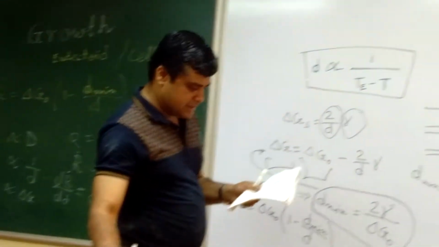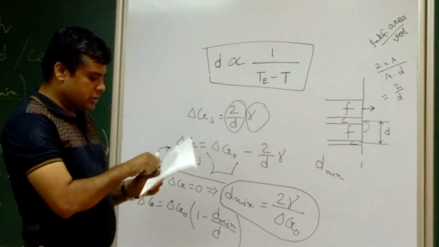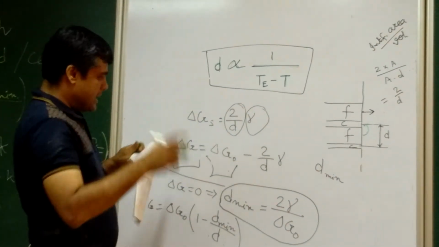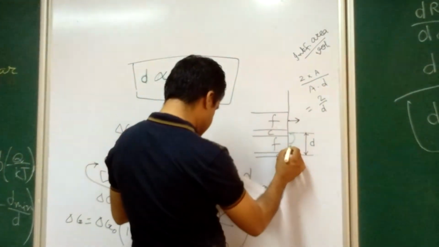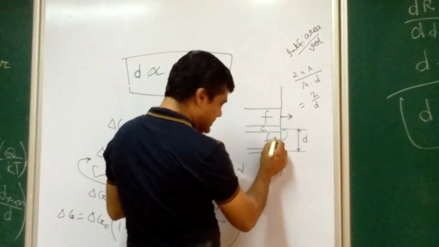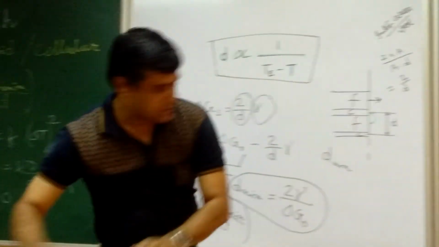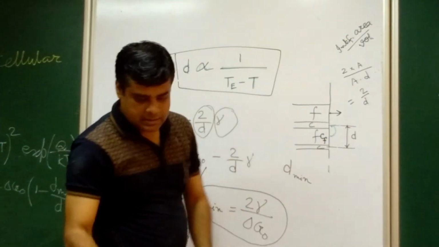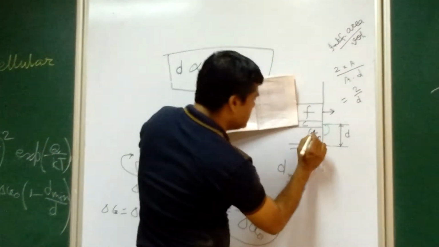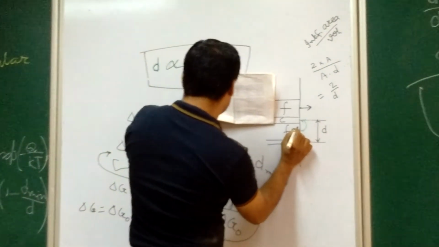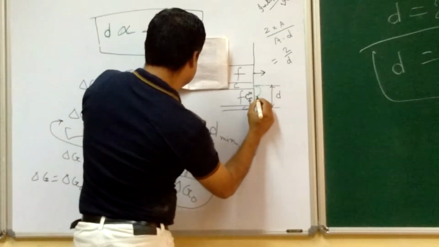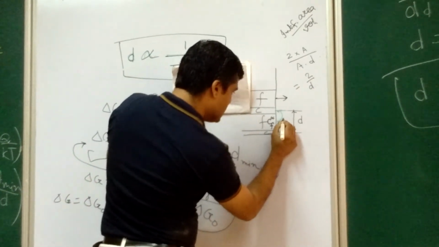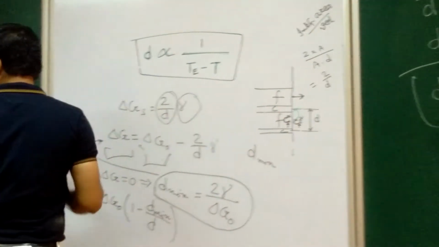Also we can write R dot this way. Inside this ferrite, if the concentration is CF alpha and outside it is CF gamma, how did we find out CF gamma?